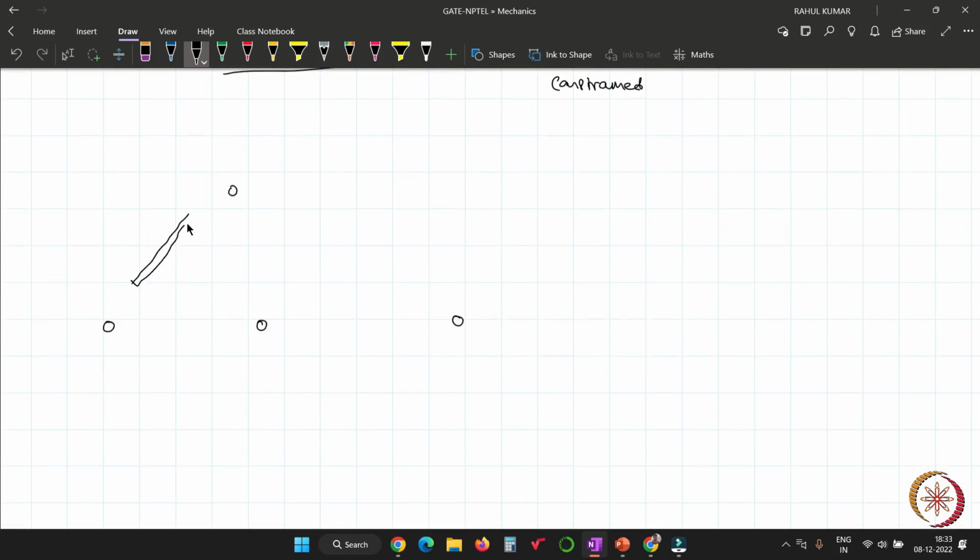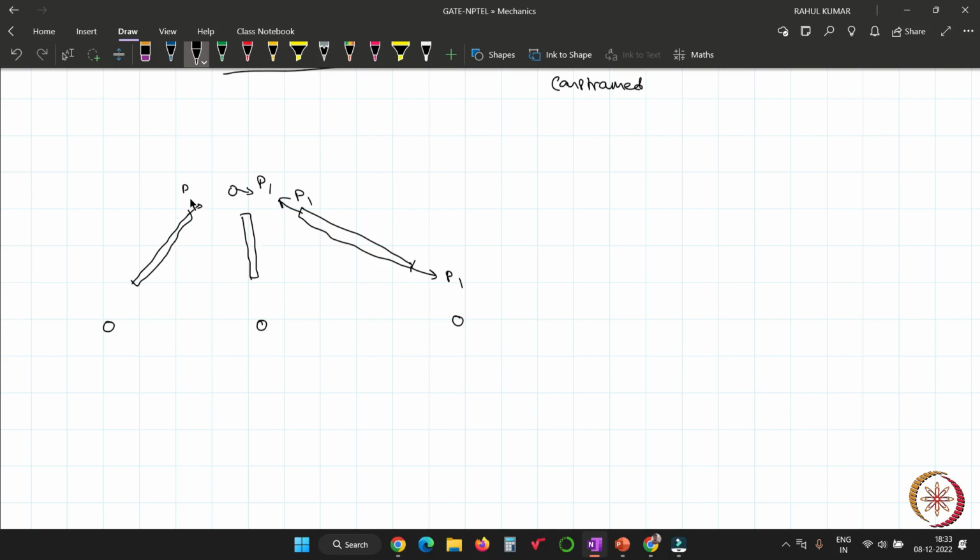One member is like this, one like this, one like this. Suppose in this member the force is P1. Then there is an equal and opposite force acting on this joint, so the force is P1 here also.